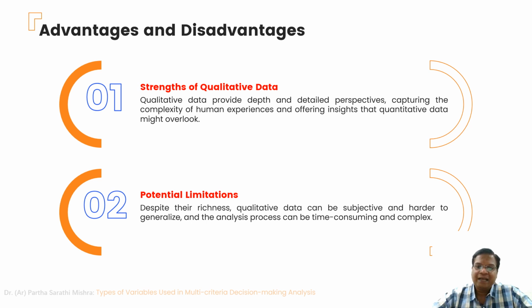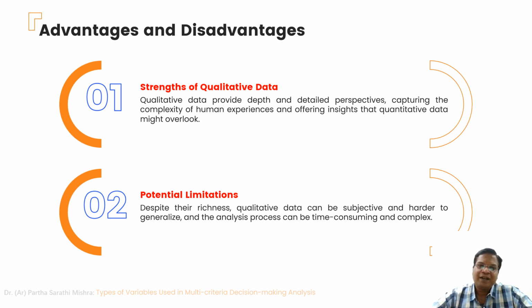Qualitative data provides depth and detailed perspectives, capturing the complexity of human experiences and offering insights that quantitative data might overlook. So most of the time, in qualitative data, we are getting the quality rather than just a number. So quality always matters. Whenever we define PhD, PhD is always philosophy.